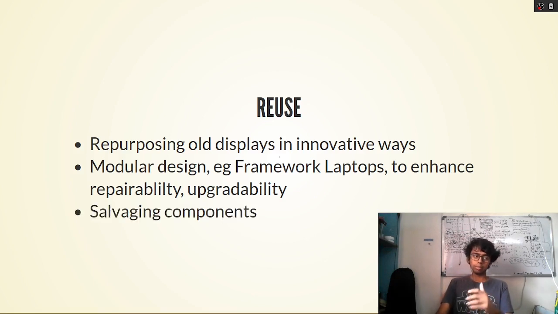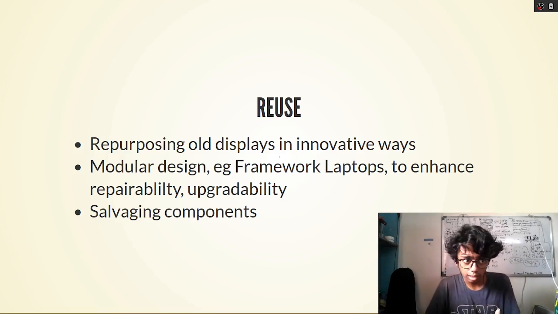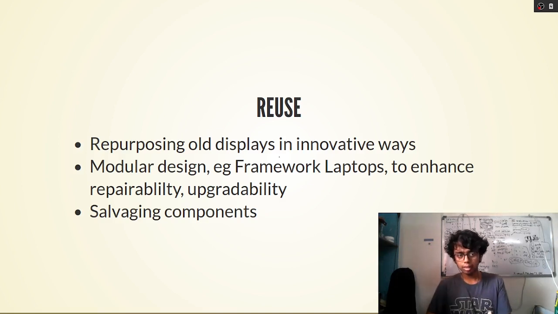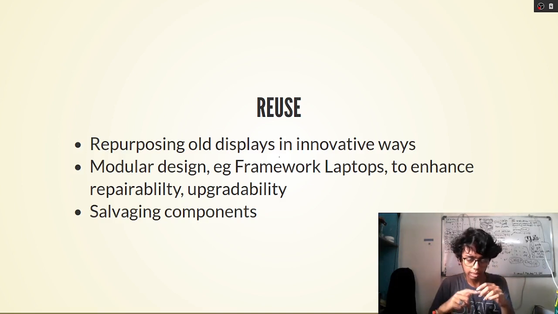Then salvaging components. So monitors, as I talked about, have raw materials like plastic and metals, especially for the connectors in the ports. Gold in some small quantity is used for higher end products, because of connectivity. So gold is used in the ends of the connectors, and that is a valuable material, along with other chemicals.